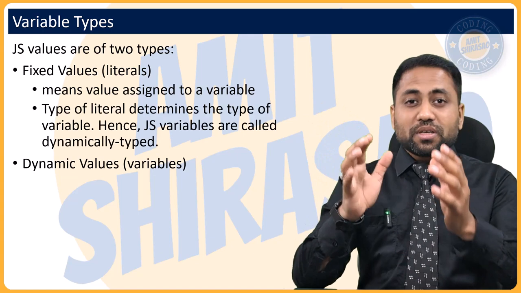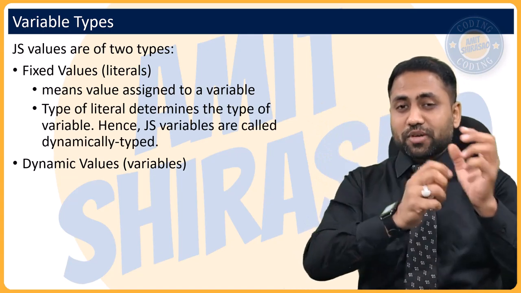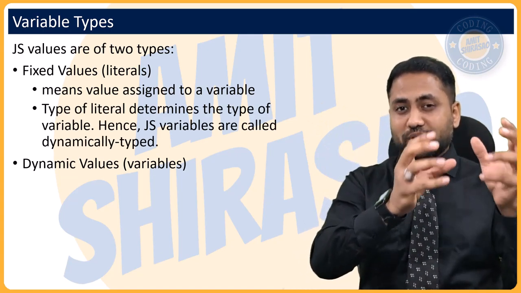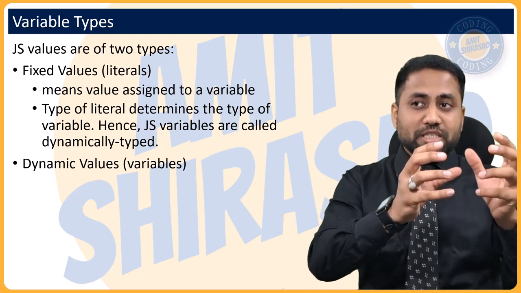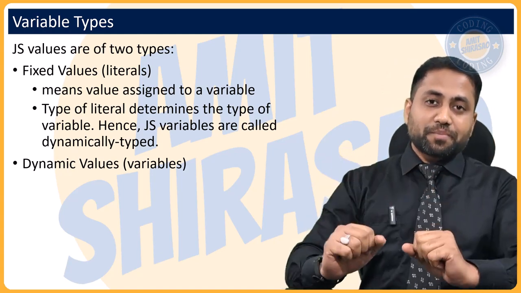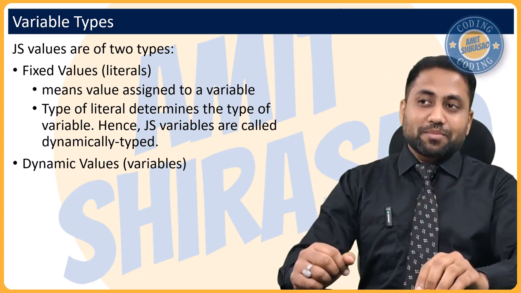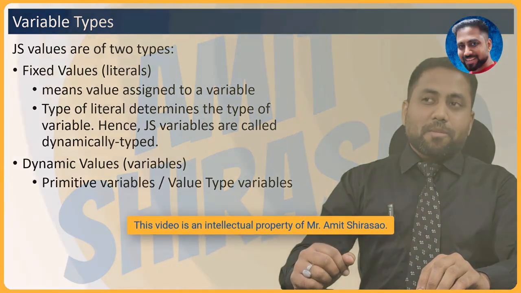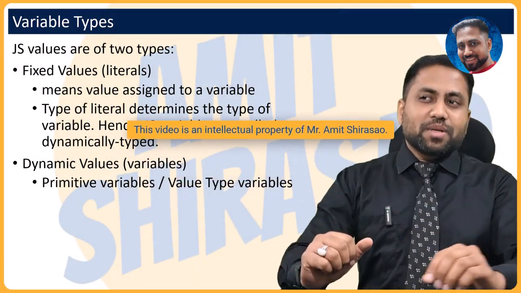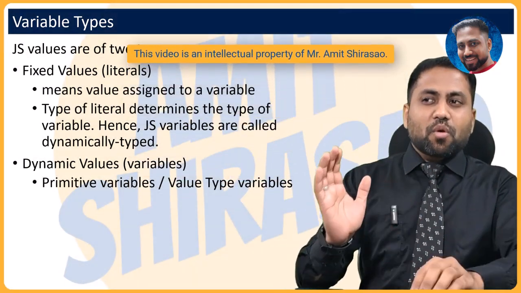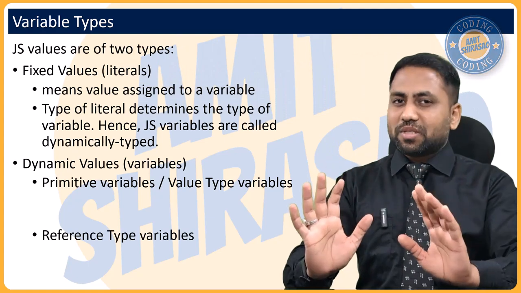The type of the literal, whatever value you assign to the variable, determines the type of the variable. That is why variables are dynamically typed in JavaScript. Variables are primitive variables or reference variables.